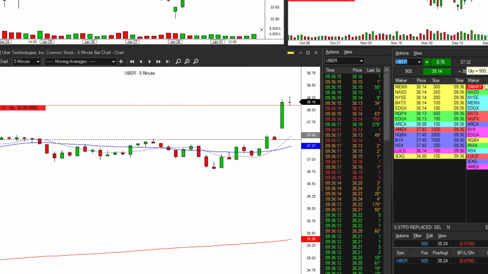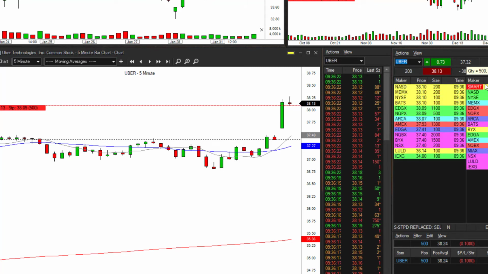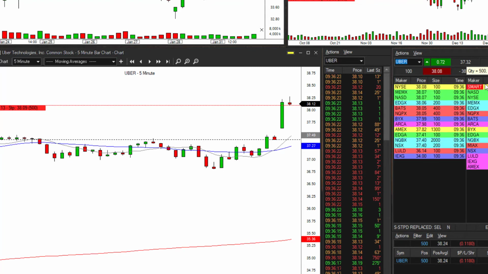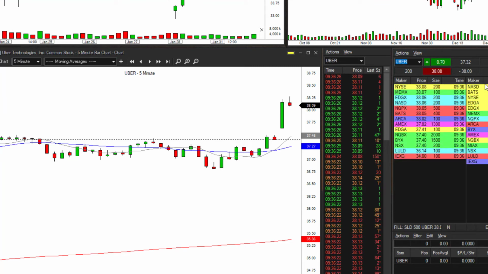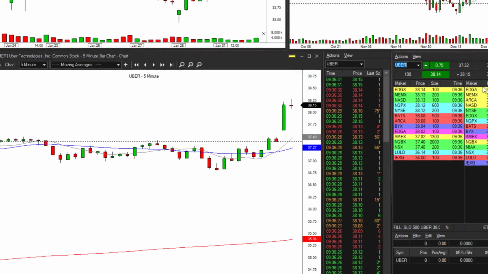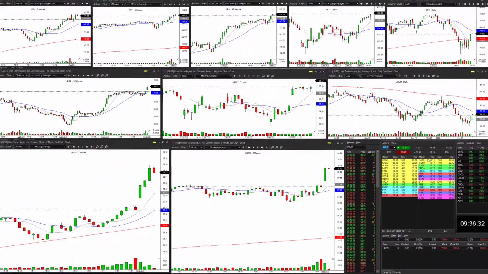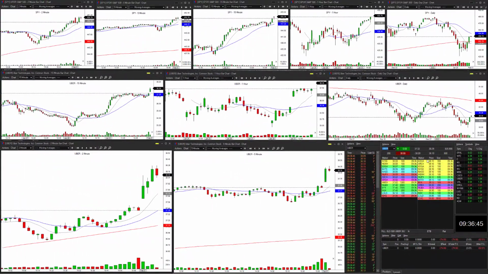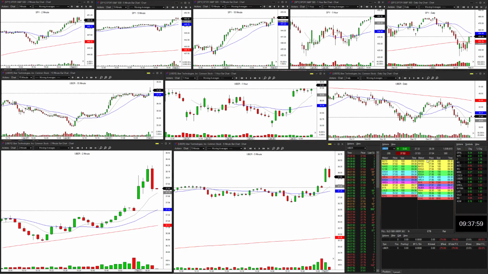This particular skill set will help you prevent a small losing trade from turning into a massive losing day. It's something I often did when I first started trading, and I hope this Uber trade can serve as an example of what could have happened if I had held my position beyond my protective stop, turning a small losing trade into a much larger losing trade.